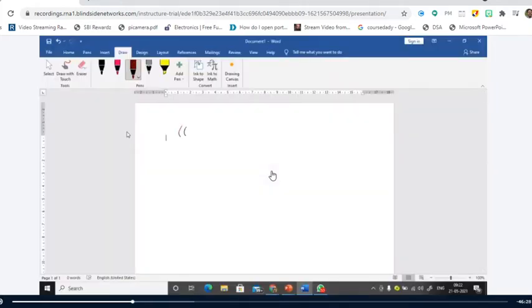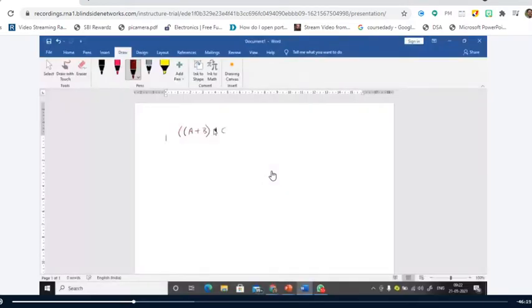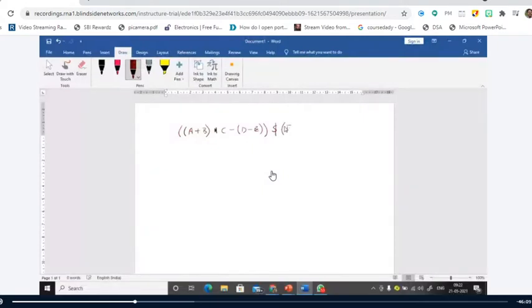Are you following the concept? Yes, sir. 3 star 3 minus E minus E dollar F plus.